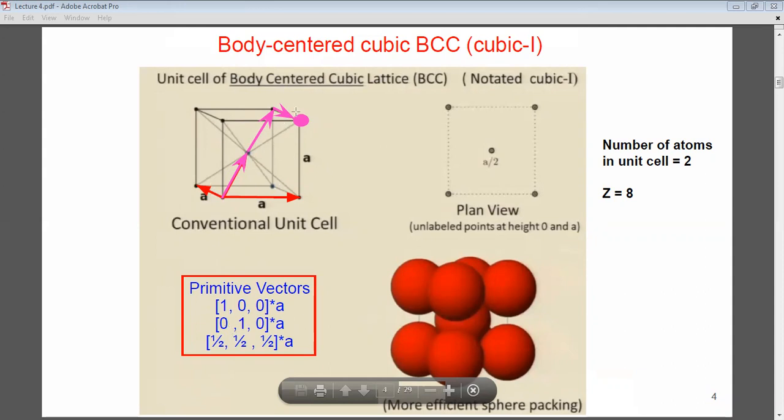So indeed, to go to this lattice point, I take an integer sum of these primitive vectors. You can try any other point, and you will see that you can get to them by a combination of these primitive vectors.